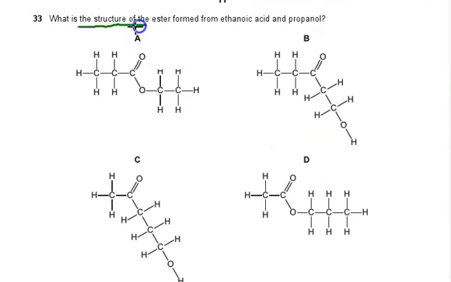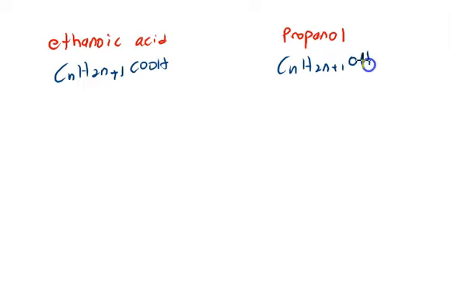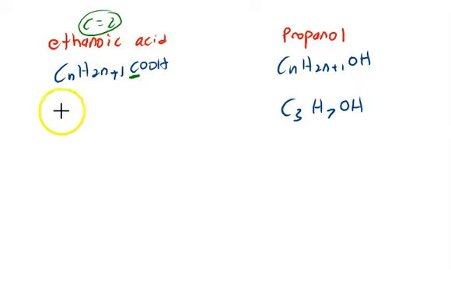Okay, what is the structure of the ester formed from ethanoic acid and propanol? So over here we have ethanoic acid with the basic formula of this, and the alcohol formula is this one, OH. So here we have C3H7OH, and ethanoic acid is C2, but you have to minus 1 because we already have another carbon over here. So it's CH3COOH.